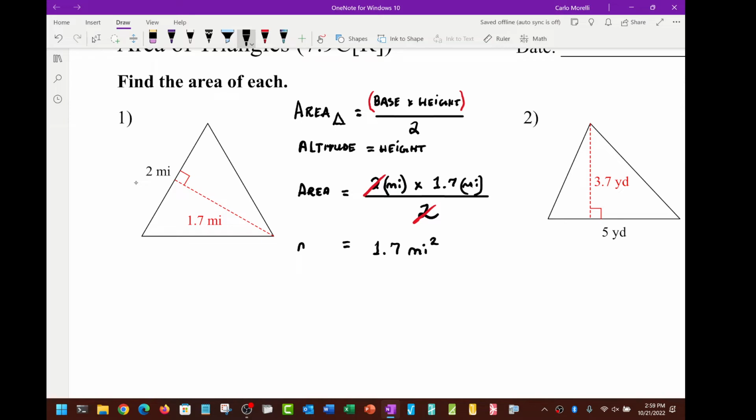All areas are expressed in squared units, just like all volumes are expressed in cubed units. Just like all of our other problems, we'll put our answer in a box. And that's it. That's number 1.